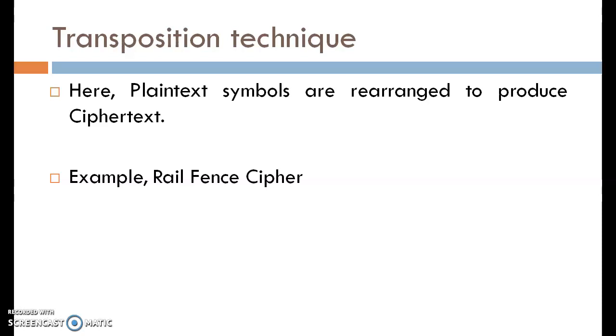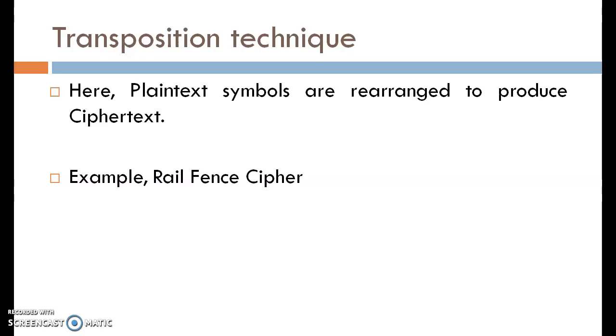Whereas in the case of the substitution technique, we are substituting the plaintext symbol with some other symbols of the ciphertext. Here we are only reordering the characters of the plaintext. Such a technique is known as a transposition technique or transposition cipher.